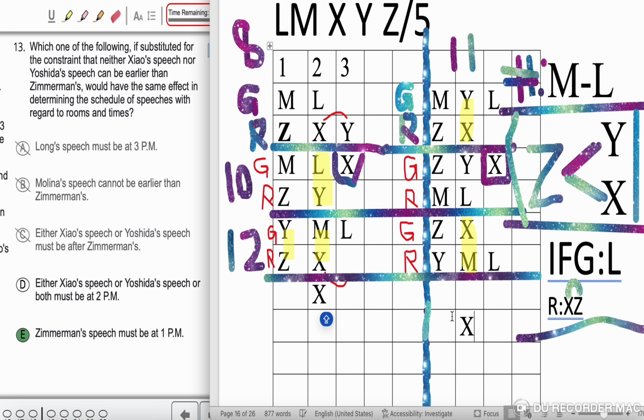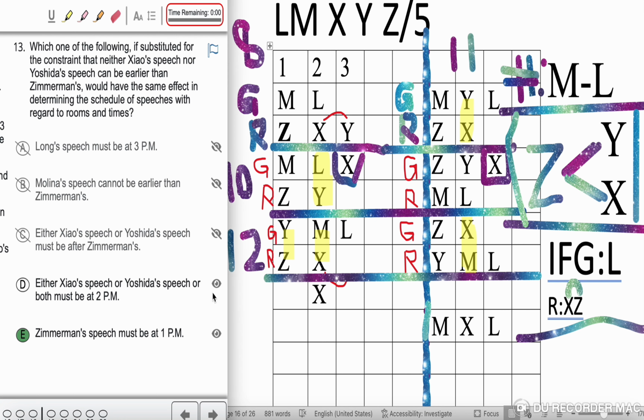Now, we already know that it's going to be M before L. It doesn't really have an impact on Y and Z. It could be Z here or Y here. It just says X or Y. So, no, just because of the or symbol, it doesn't really allow it. So Z at 1 p.m. is going to be true in every single world. So go ahead and choose that one. Answer E: Z speech must be at 1 p.m.